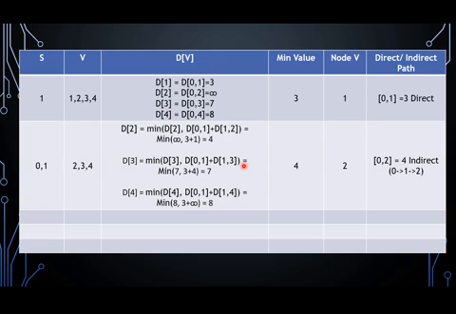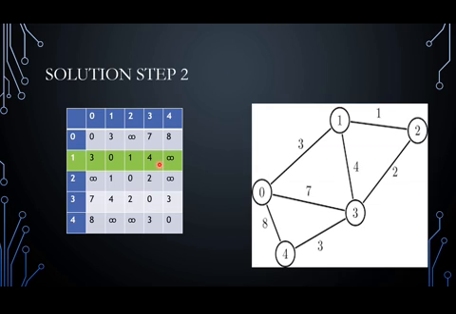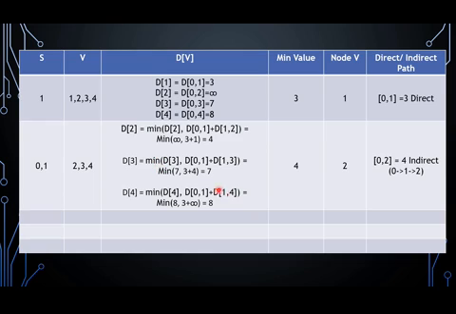When you have a look, 1 to 3 is 4. So value from the previous step was 7. Then on the second side you have 3 plus 4, this is also 7. So whether you consider first or second, both are 7, so you write a 7 here.